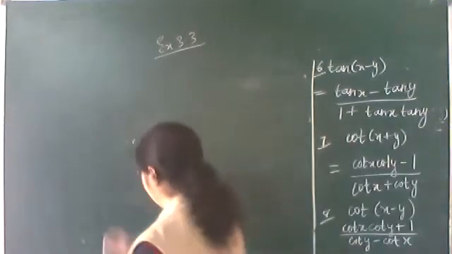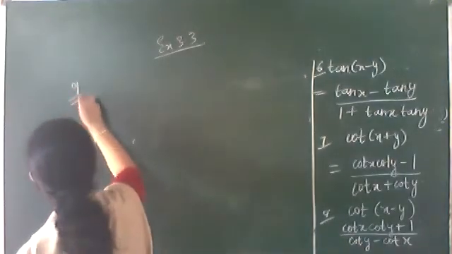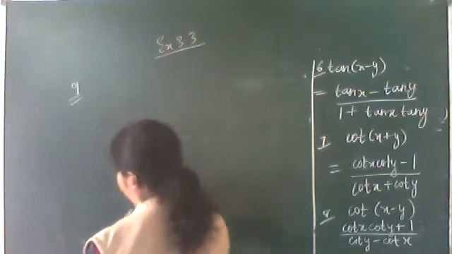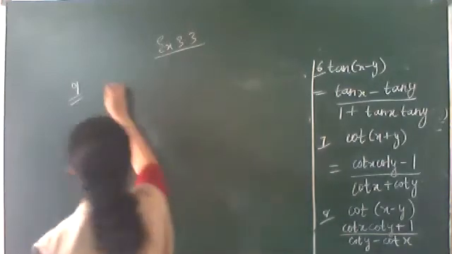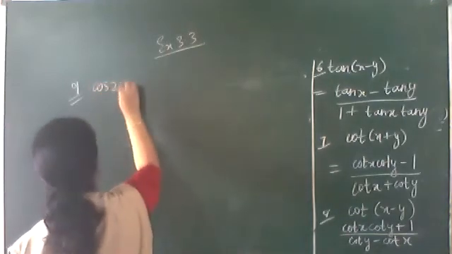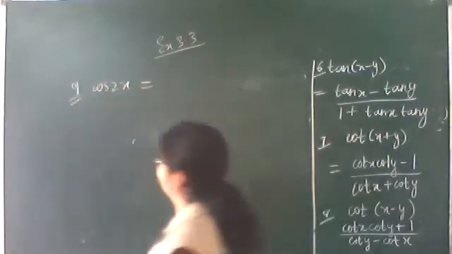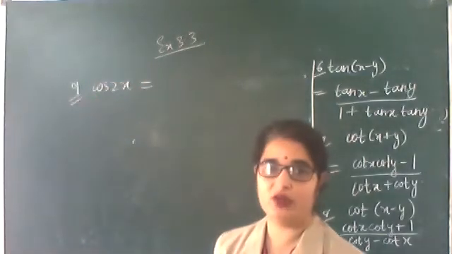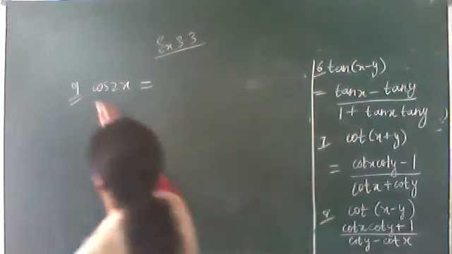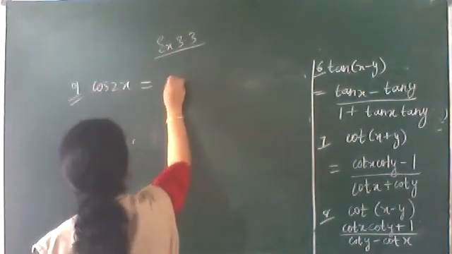Now your next is question number 8. Sorry, it's not a question, it's formula 9, which is cos 2x. Again, this is an important one. There are 4 formulas of cos 2x. What are these 4 formulas?